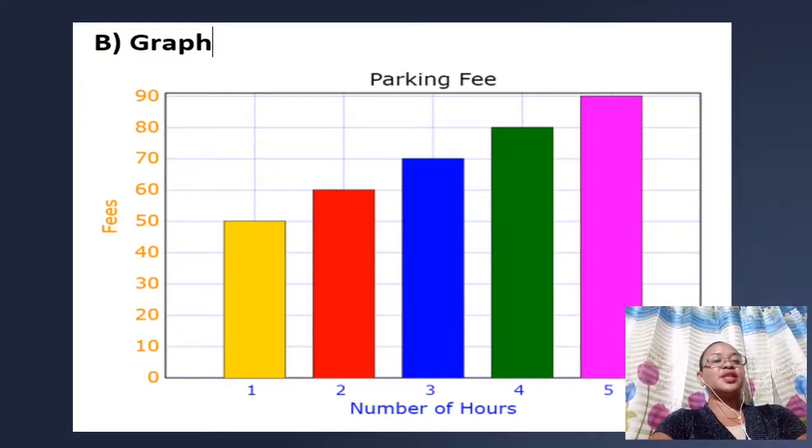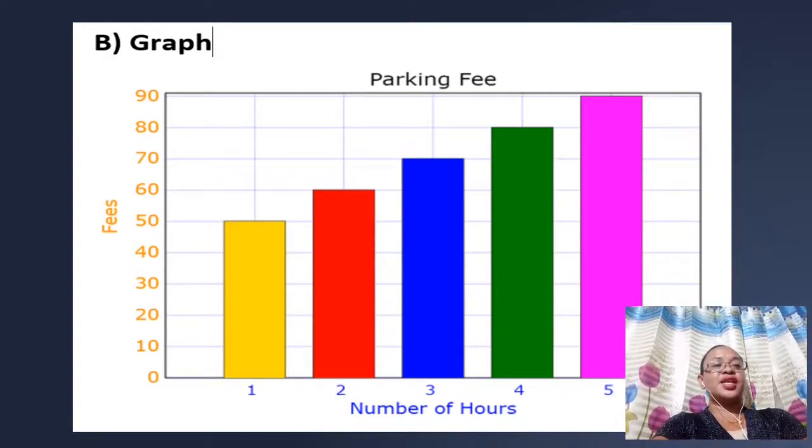The horizontal line will be our x-axis, and we label it number of hours. And the vertical line will be our y-axis, and we label it the fees, the total fees. And so for our number of hours, we have 1, 2, 3, 4, 5, and so on.